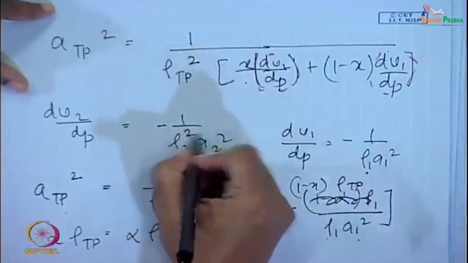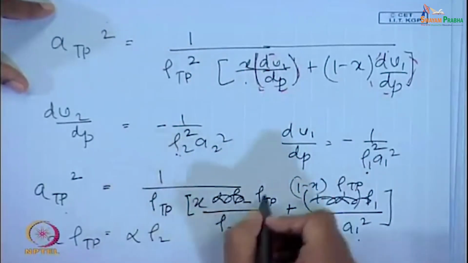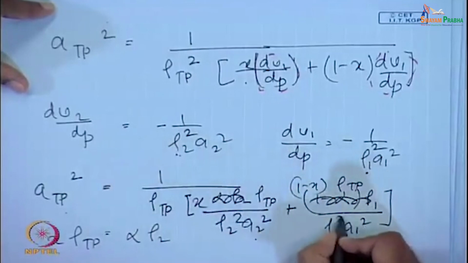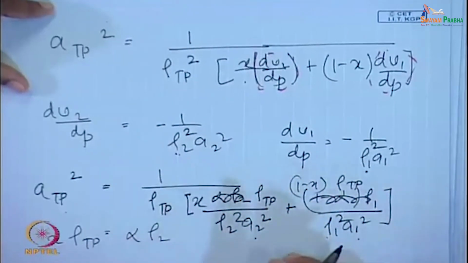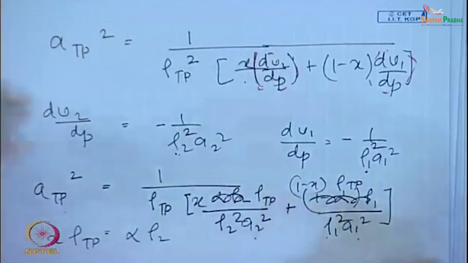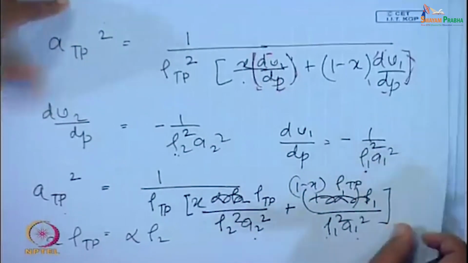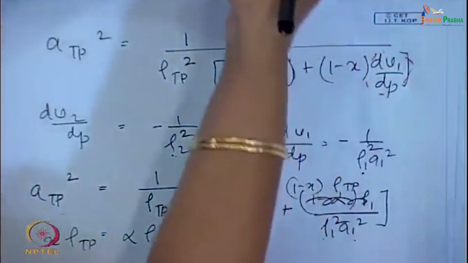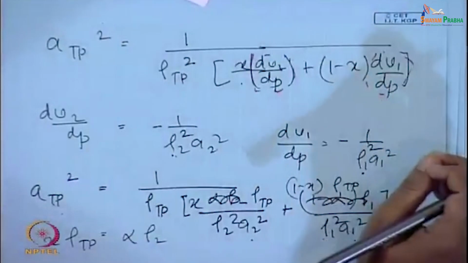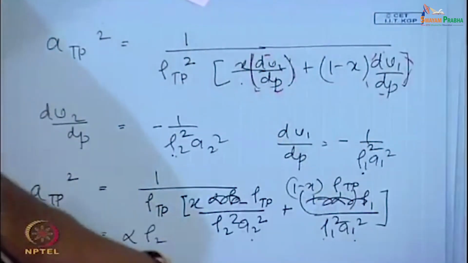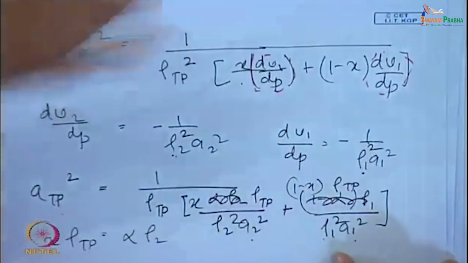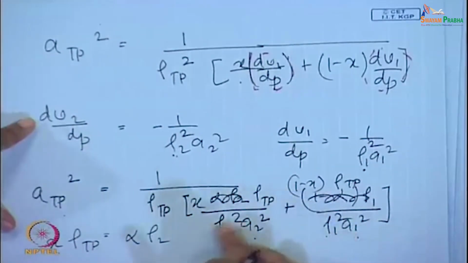Here also there should have been squares. Please correct these things. These were all squares. I missed them out. Anyhow, just correct all of these, they are squares.